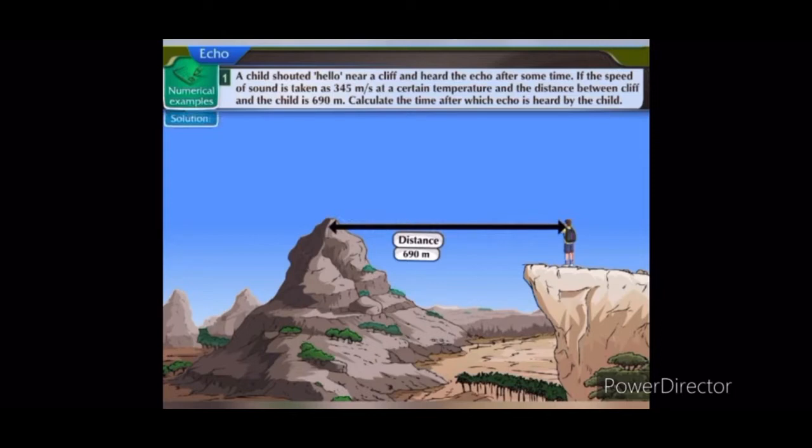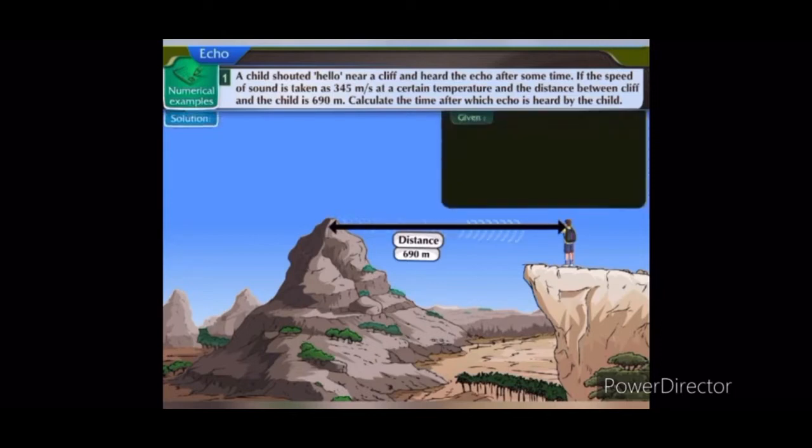Solution. Data given. Speed of sound V is equal to 345 meter per second. Distance of cliff from the child D is equal to 690 meter.